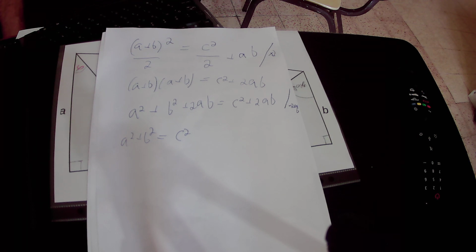And this is exactly the Pythagorean theorem, which says that the square of the hypotenuse is equal to the sum of the squares of the perpendiculars. So we proved the Pythagorean theorem. Okay, thank you very much.